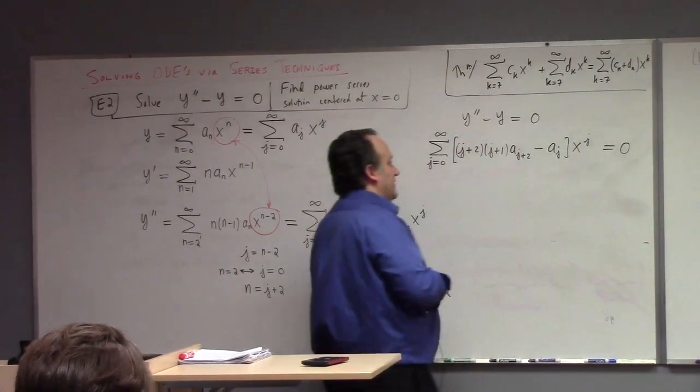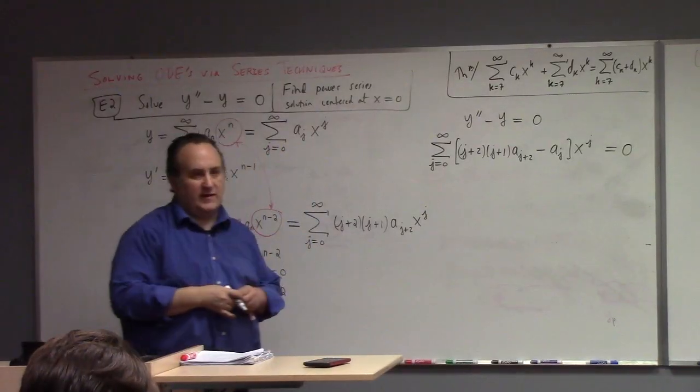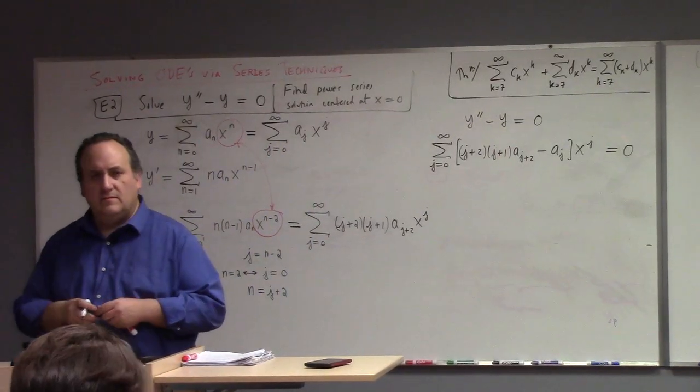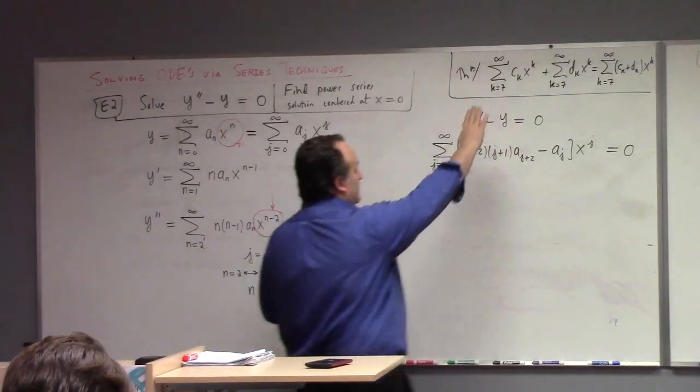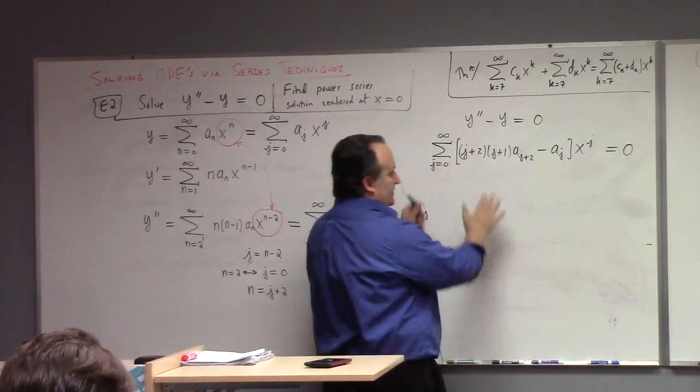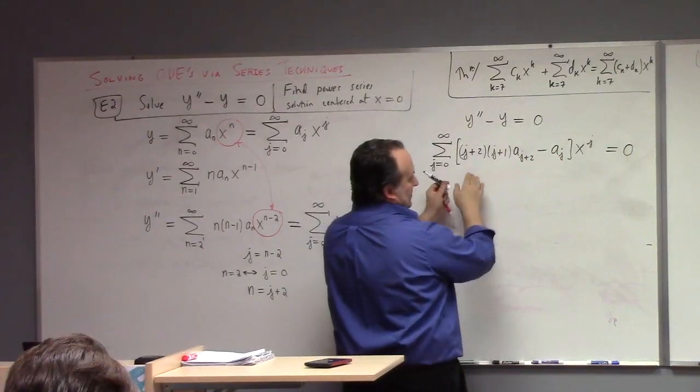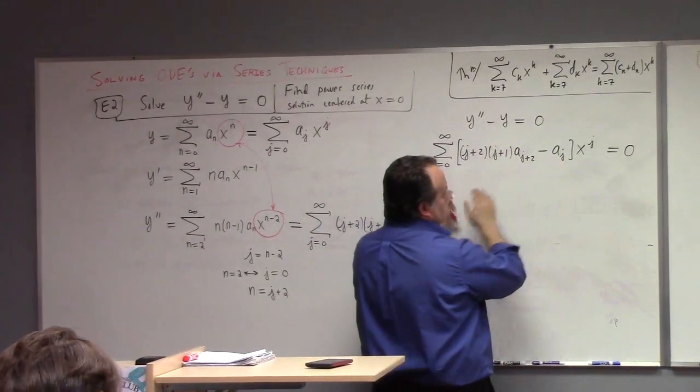Do you guys follow what I did? Or do I need to write more? The step I've not written is essentially the theorem at the top. It's like this times x to the j minus that times x to the j, so I can put it together.